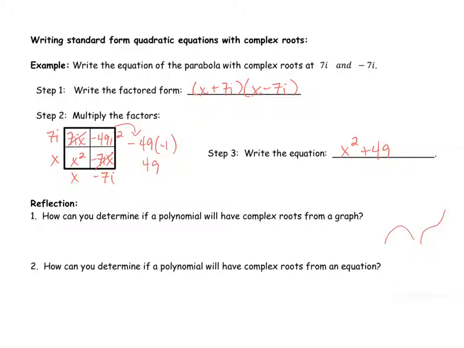And if you determine it from an equation, there's a few ways to go about that as well. You could put it in the quadratic formula and find that you get a square root of a negative number. It could be that it doesn't factor down, or that your roots give you something weird like they did before. But that's more something that I want you to think about, of how you notice that from other things that we did in this.